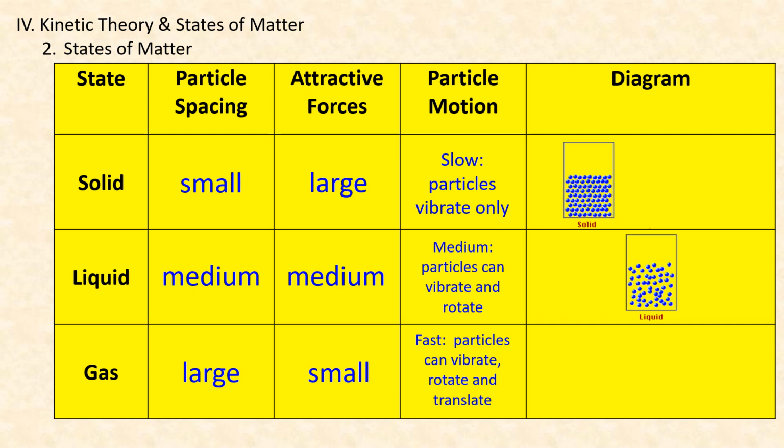They can vibrate, they can rotate, and unlike in the case of liquids or solids, gas particles can actually translate, which means that they can leave each other for good. They can completely move away from each other. Okay, this means that gases can move from one side of the container to the other. And as we see, gases have this ability to expand to fill their containers.